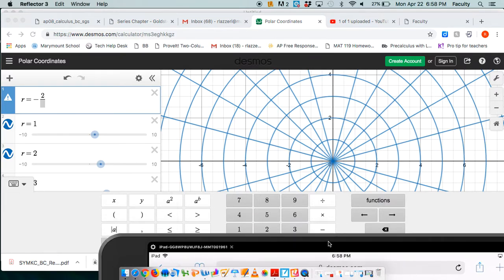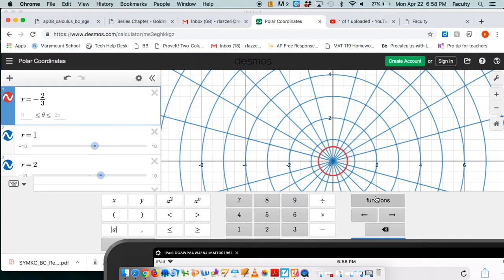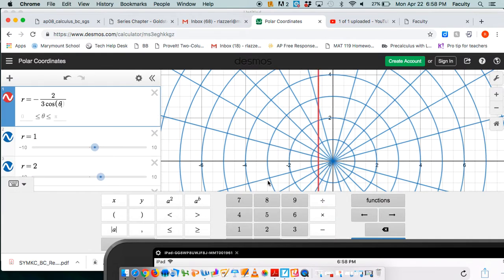Let me move my reflection down. 3 cosine theta. Oops, sorry. Get down here. 3 cosine theta. And I think it was minus 5 sine theta.